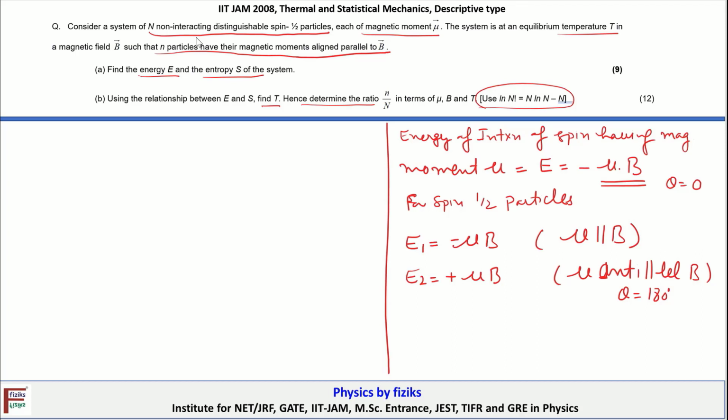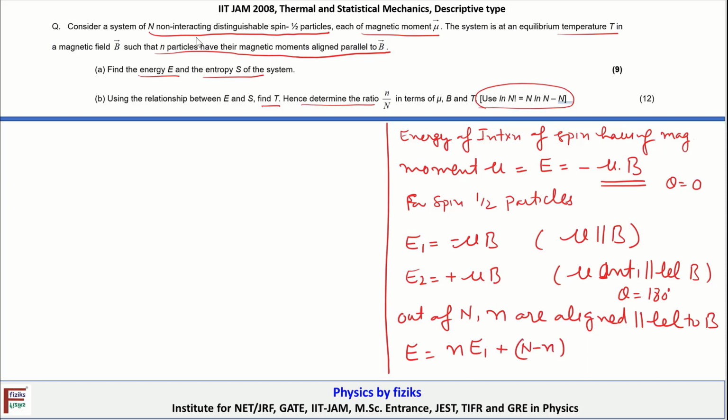We are given that out of the total capital N spins, small n are aligned parallel to B. So the energy of interaction E is n times the energy of the spins aligned parallel to the field, n times E1, plus the remaining N minus n spins, which are anti-parallel to the field, having energy E2 each.